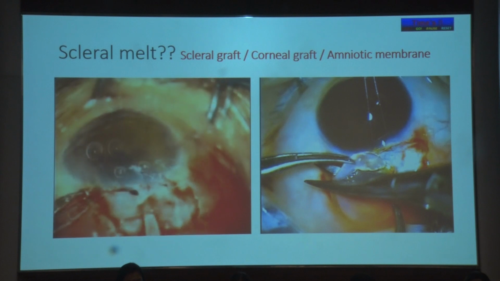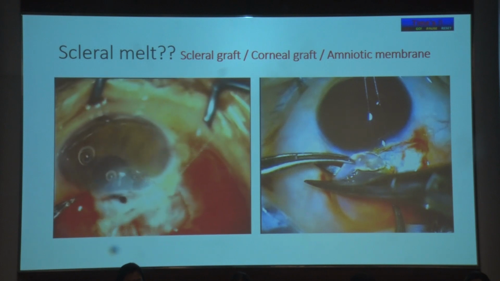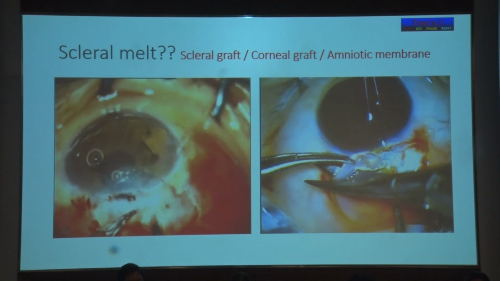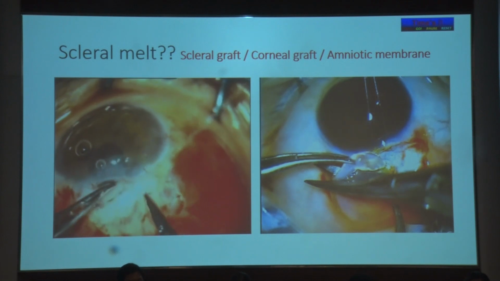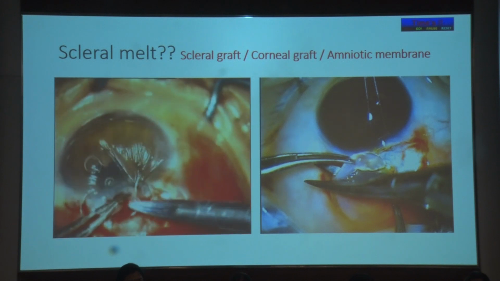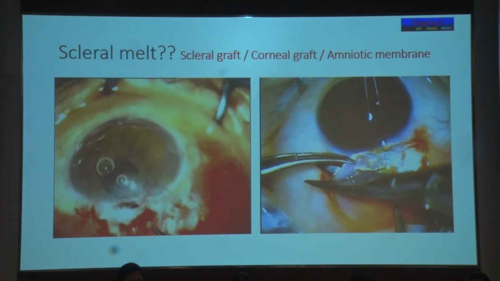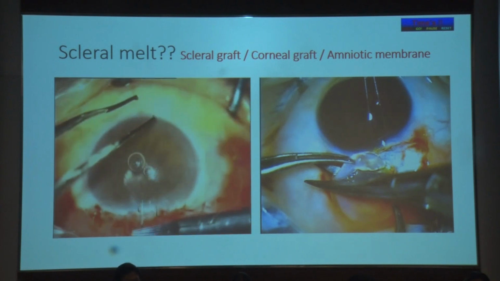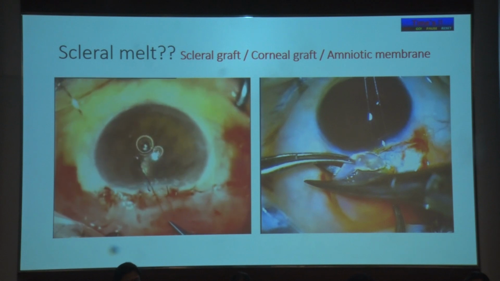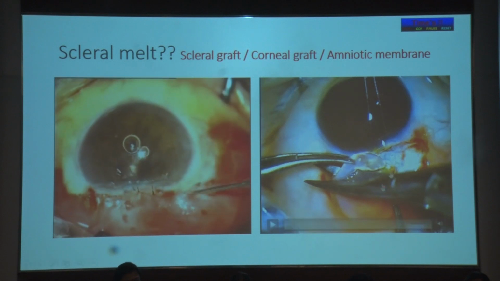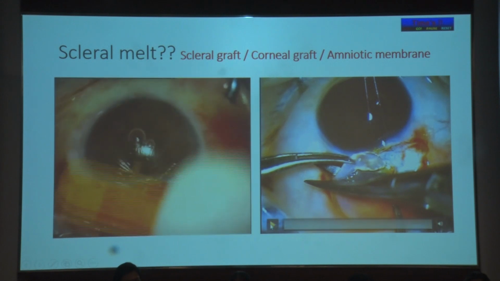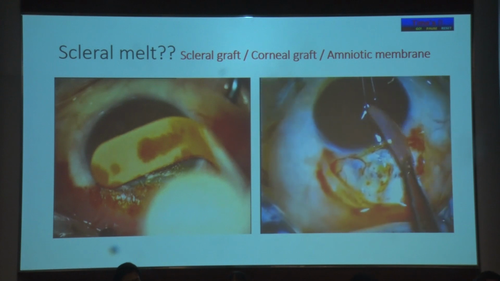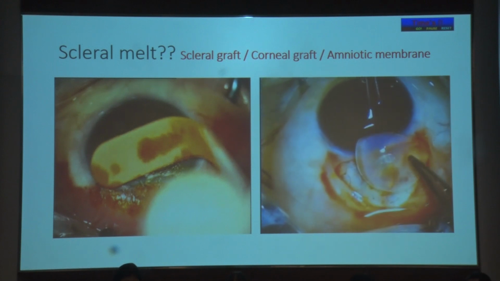And if there is a scleral melt, and there is a real large hole, specifically from the limbus, usually I prefer to take a scleral patch from the same person, reverting it, or sometimes we have also used a corneal graft if the leak is really large and difficult to control.